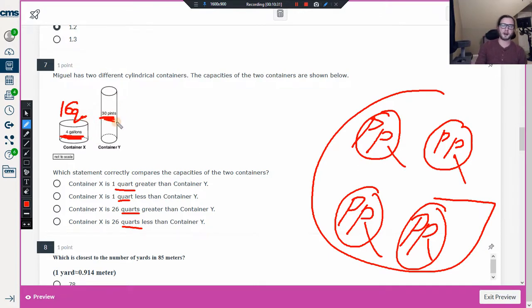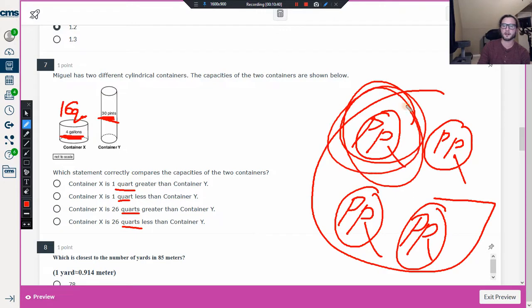Now for the 30 pints, let's see how many pints there are in a quart. There are 2 pints for every quart. So I could simply take the 30 pints here and divide them by 2, and that would give me how many quarts?